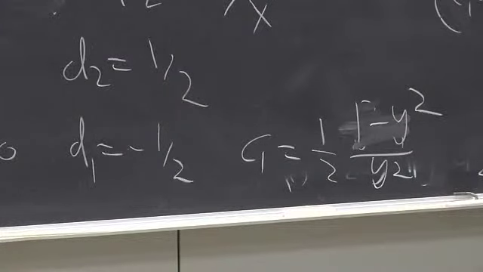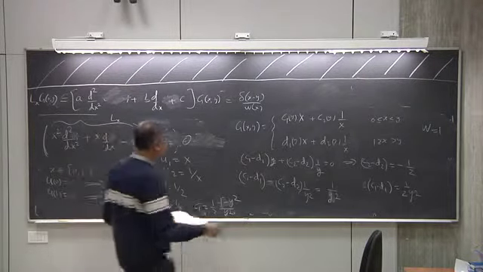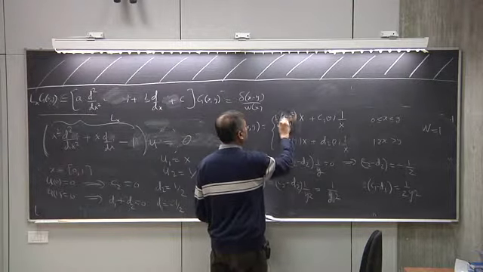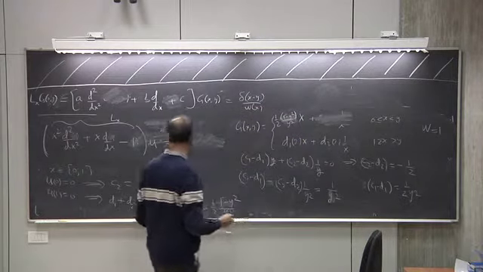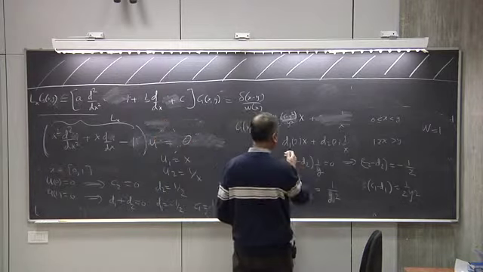If you choose different boundary conditions, you will get different forms of the Green's function. I don't know if this is the right one. So c2 is 0, c1 is, so substituting that you get here 1/2, (1 minus y square) over y square times x, and that is 0. c2 is 0, d2 is half, and d1 is minus half.